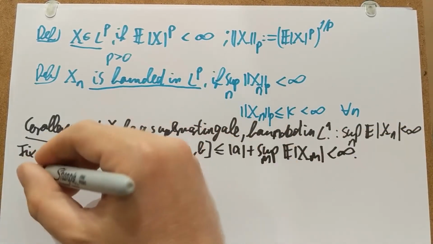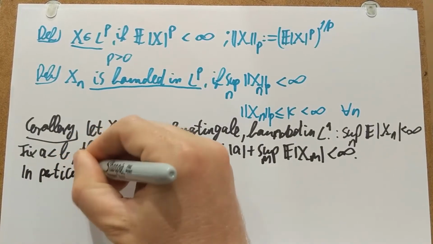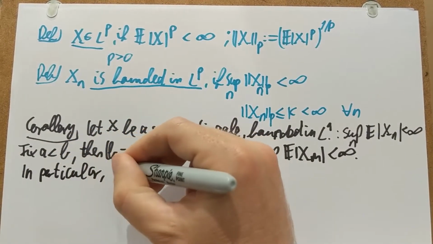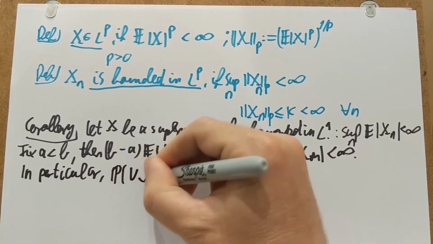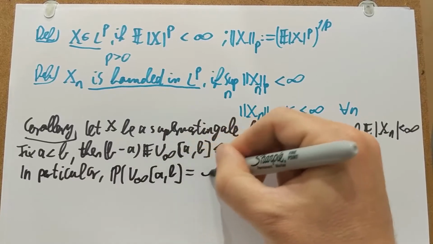In particular, the probability that the number of upcrossings is infinite is 0.